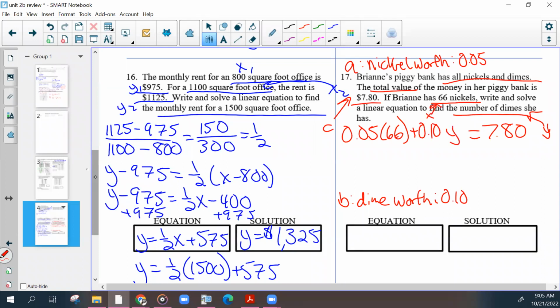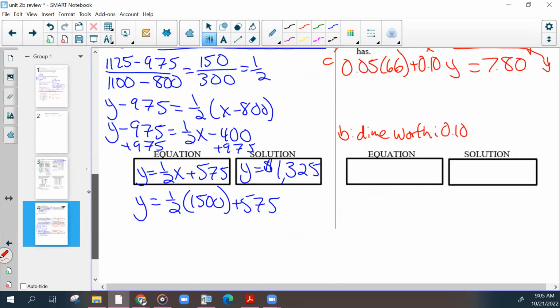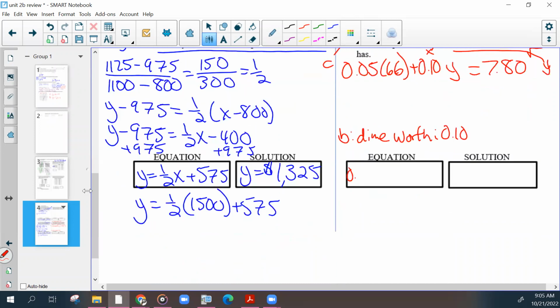Yes. So then after you have your equation, that's going to be the same equation you put in here, and then start solving.